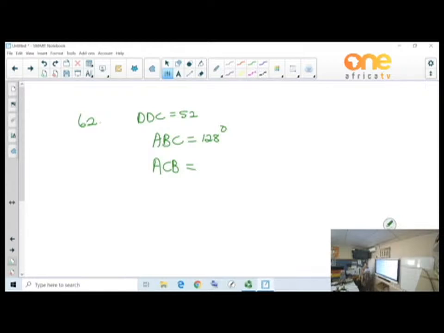Yeah, so 180 minus 128 is, but then you still have to subtract something else. 76, 52, 52. This one is 104. This one is 76.